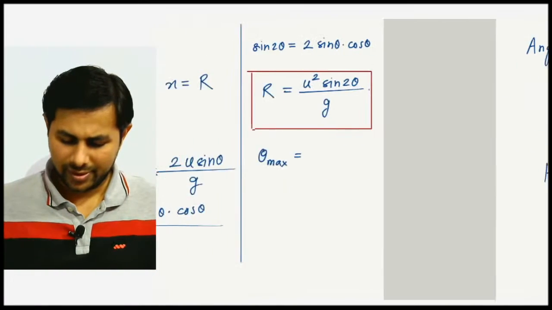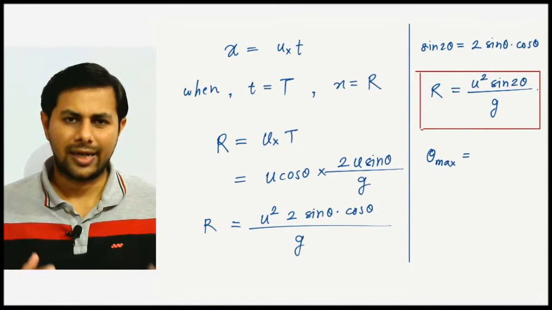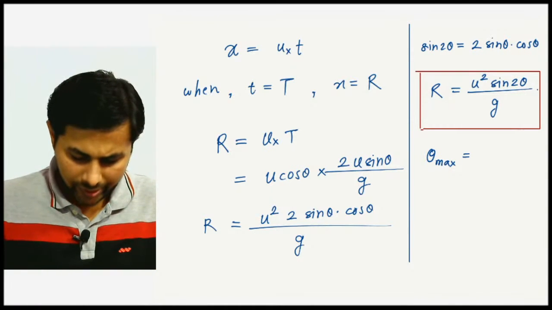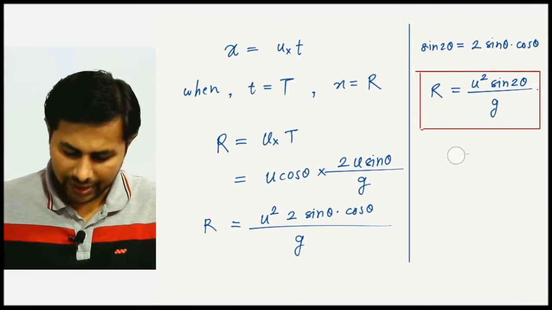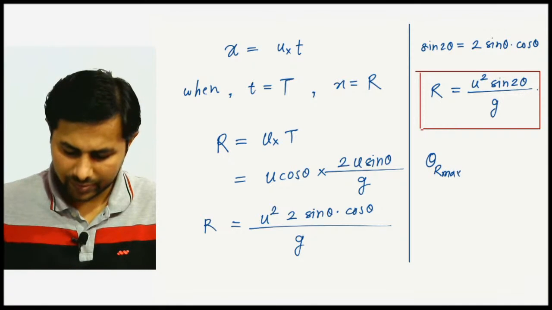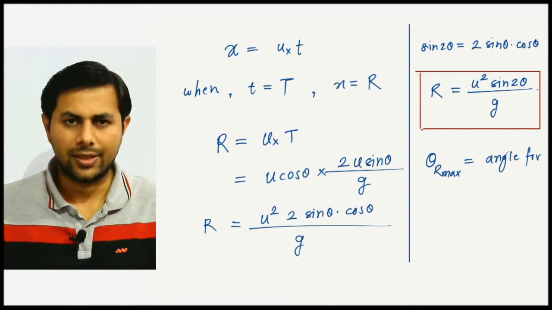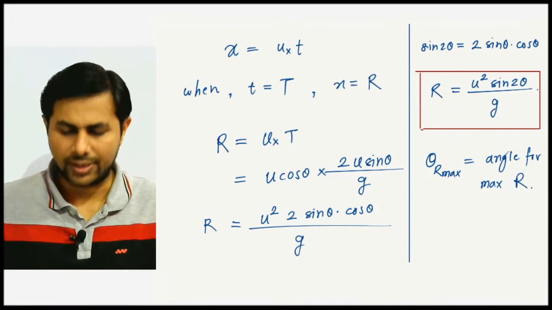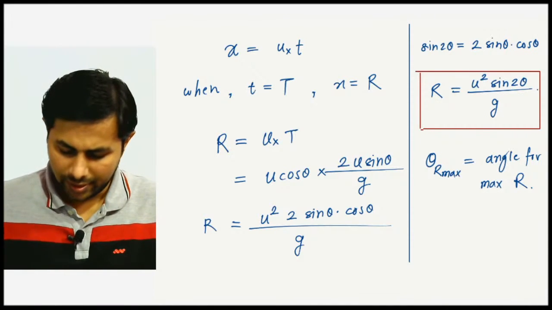So we are just finding the angle corresponding to maximum horizontal range, or let's name it theta R max. Suppose it is the initial angle for maximum horizontal range, maximum R.